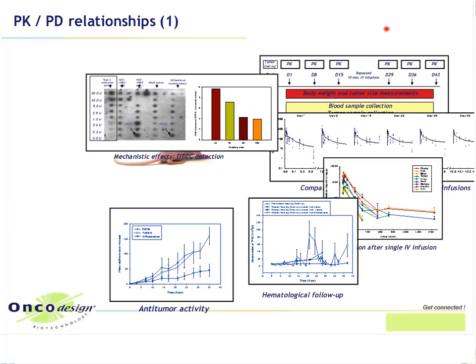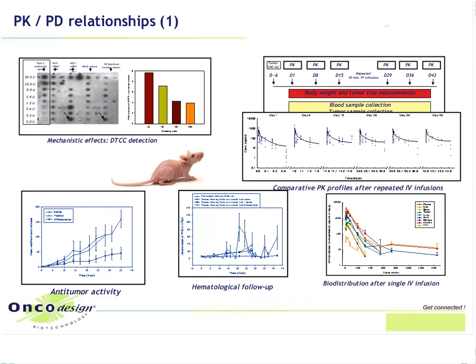So, taken all together, this data was very useful to establish PK-PD relationships in preclinical, and this treatment schedule was then used in clinic, since the drug was dosed during a 20-minute IV infusion in patients, and the DTCC PD readout was also applied in clinic, since it was developed for circulating lymphocytes.